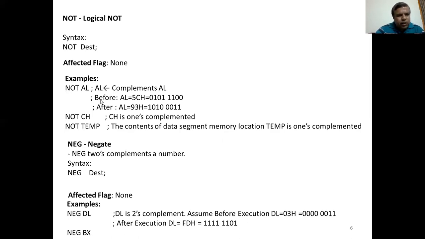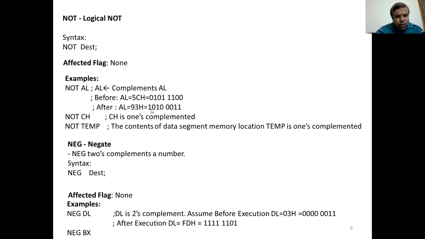For illustration, assume AL contains 5CH, whose binary equivalent is 0101, which is 5, and 1100, which is C. After the execution of NOT AL, we just go on inverting each bit in the AL register. 0 inverted is 1, 0 inverted is 1, 1 complement is 0, 1 complement is 0, again 1 complement is 0, 0 complement is 1, 1 complement 0, 0 complement 1.